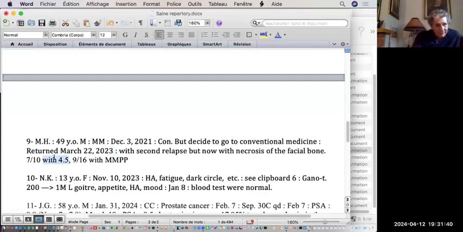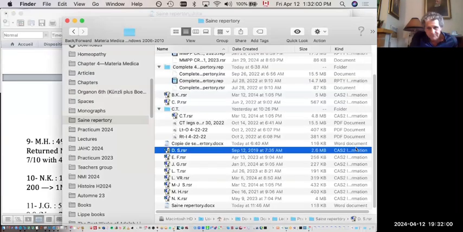So with the 4.5, you'll see. We'll look at March 22nd. The remedy, I don't remember the remedy I gave him, but we'll find out soon. He had 7 out of 10 symptoms, but with the MMPP, he had 9 out of 16. So let's look at this case. So it's MH.